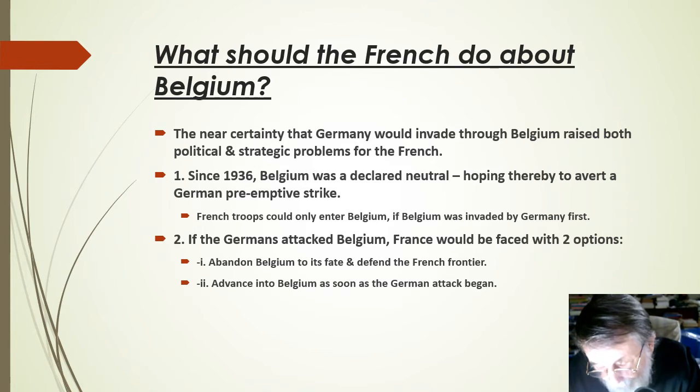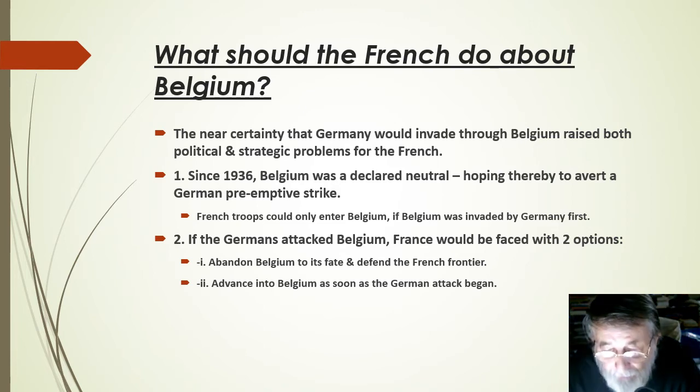The Belgian government held to this policy even after Germany had pacified Poland and could turn the full force of its armies to the west. French troops then could only enter Belgium if Belgium was invaded by Germany first. There were some secret and inconclusive military discussions between Belgians and the French and British, but these didn't lead to anything.